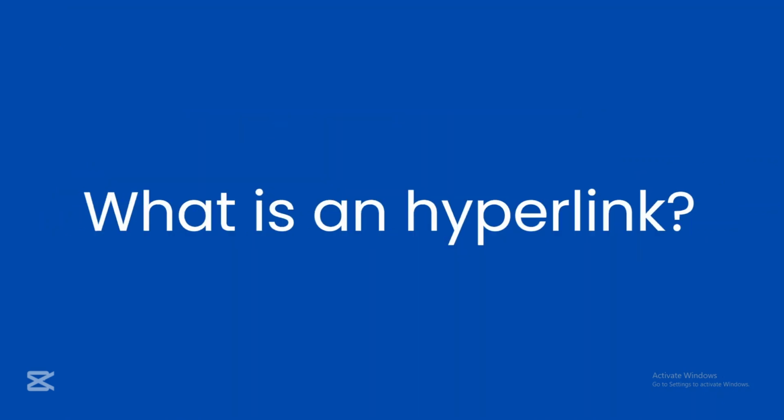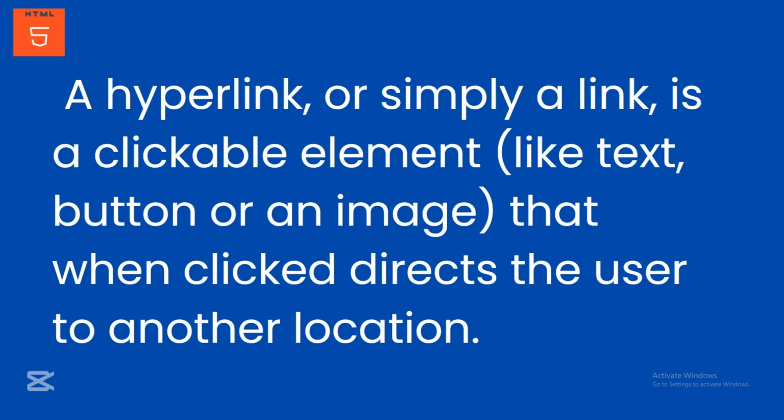So, what is a hyperlink, or what we commonly refer to as a link in web development? A hyperlink, or simply a link, is any clickable element, meaning the element can be a text, a button, or an image that, when clicked, directs the users to another location.